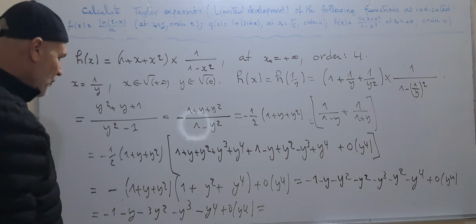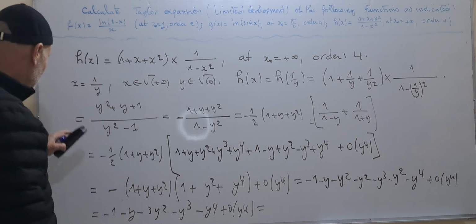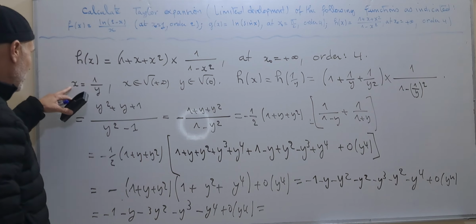Now let us move to the first change of variables. So y is equal actually to 1 over x.